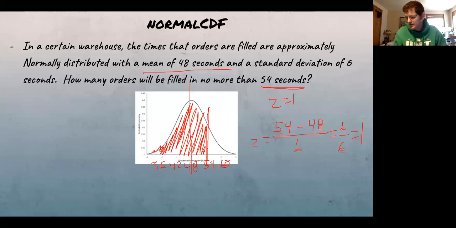So now I want to plug this into my calculator and figure out the area I have marked below 54, below 1 standard deviation. Because I converted it into a z-score, the first thing I want you to do is hit second and variable. So you go to your distribution menu and pull up normal CDF. If you first open this up, your lower bound is probably going to show -1E99, which is basically like negative Google.